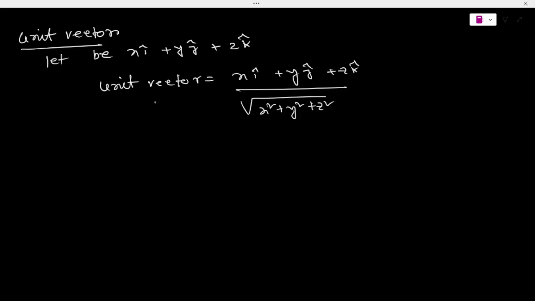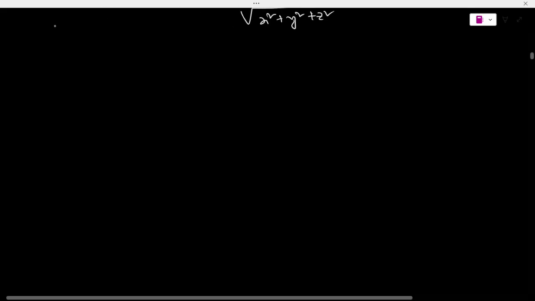And as per the theorem, let's solve an example.